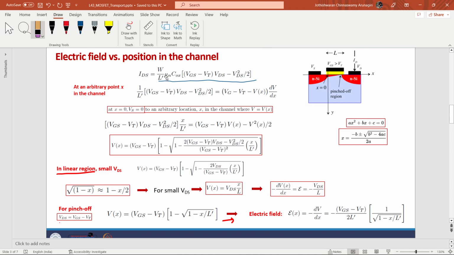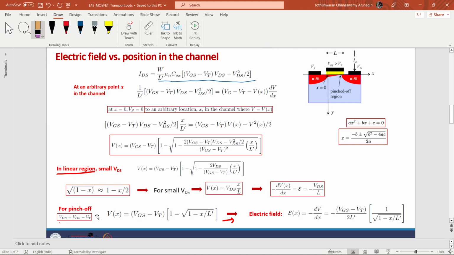And we managed to, like I showed you, that there are several approximations we can make here. In general, Vx looks like this for small VDS. It can further be approximated using the binomial approximation to get the proper linear voltage profile that we had originally seen for ohmic relationship.